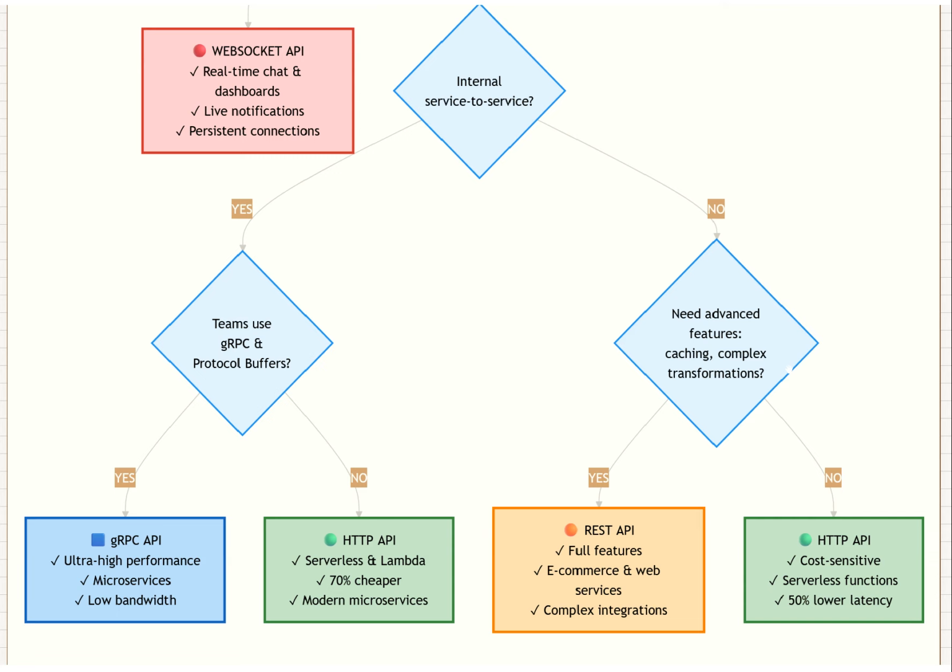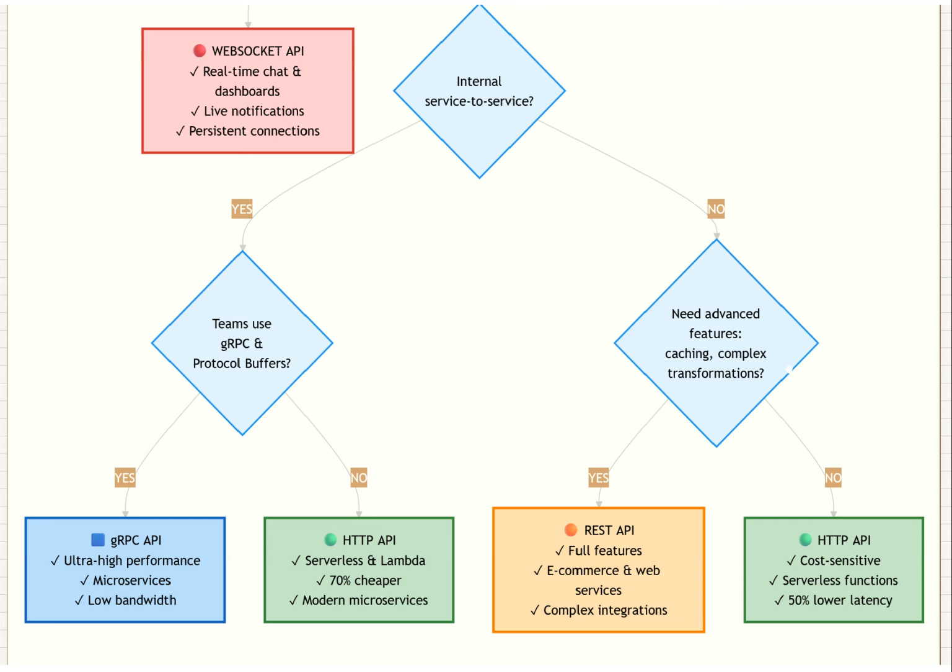If you have less budget and less complexity, then you go with HTTP API. Here it says internal service, and then you can go to gRPC API.